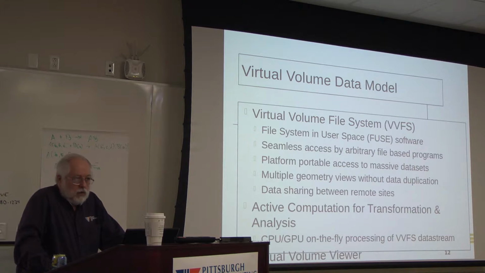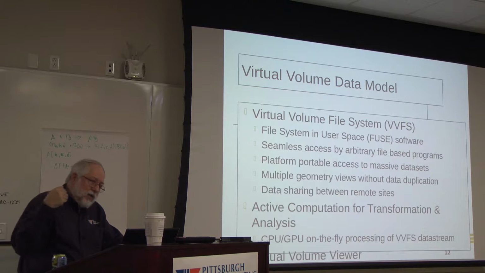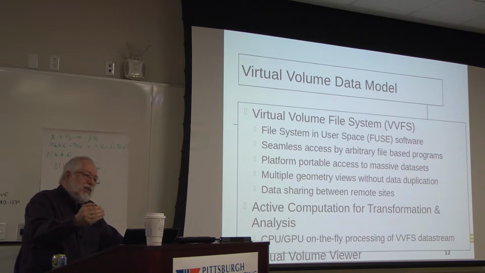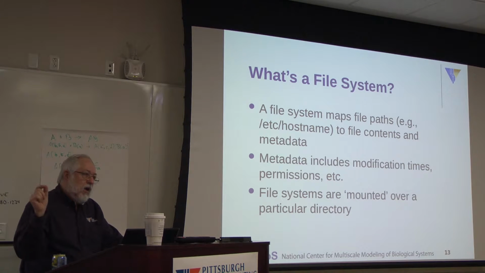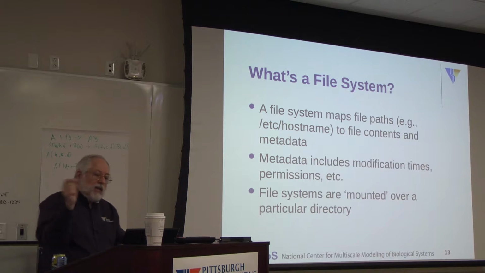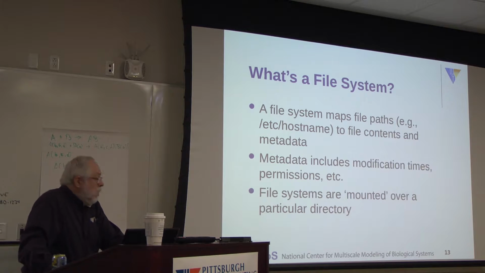So as I mentioned earlier, we have huge amounts of computational capacity, but the storage access, just the sheer storage and the bandwidth, are often the limitations. So every time you go get the data, you would really like to have the opportunity to do some computation with it. And so that's part of the purpose of this VVFS, to do computation as you're accessing the data.